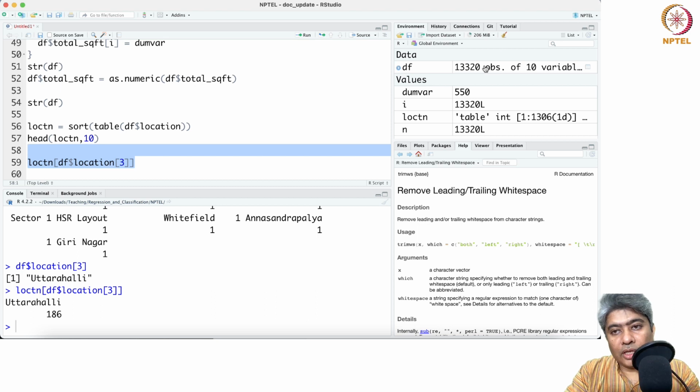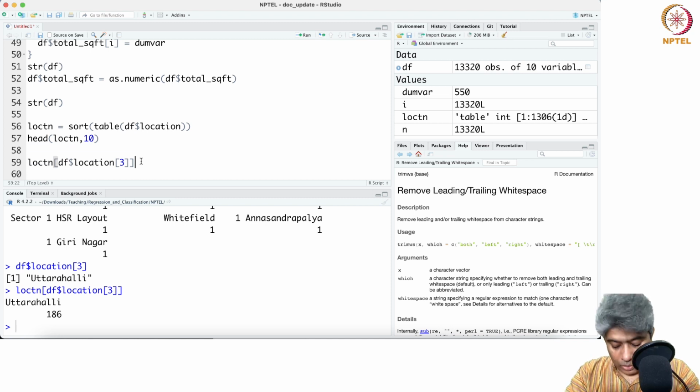That means out of 13,320 instances, there are 186 houses which belong to the location Uttarahalli. Now we will try to say, if this location count is less than 20, then we will label this location as others.